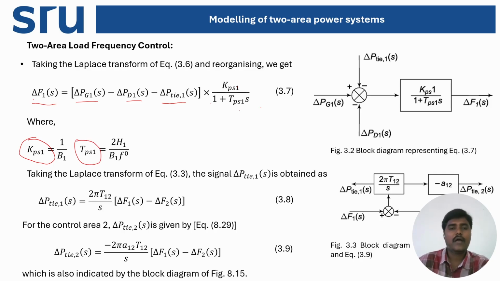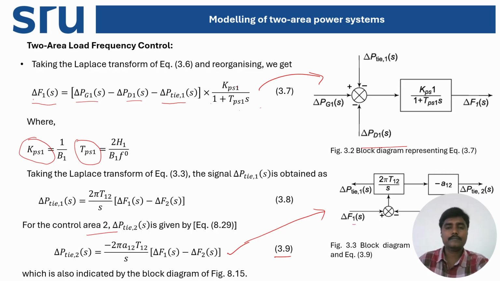This equation can be represented by this block diagram. Similarly, we can take control area 2 also, follow similar steps and derive the same kind of tie line power equation as equation 3.9, which can be expressed by figure 3.3.